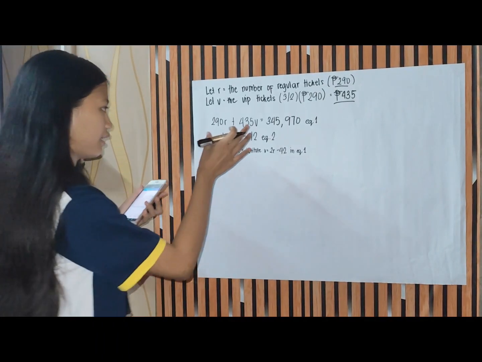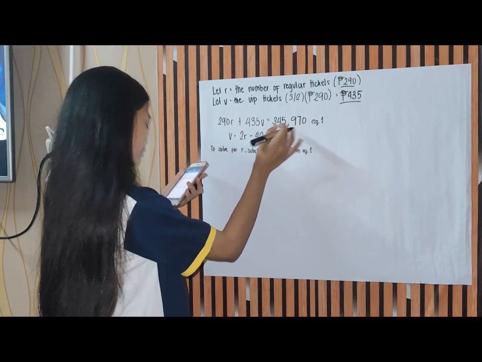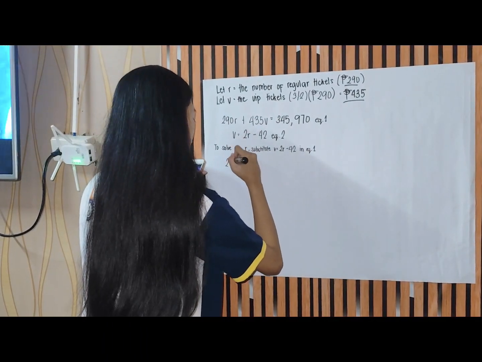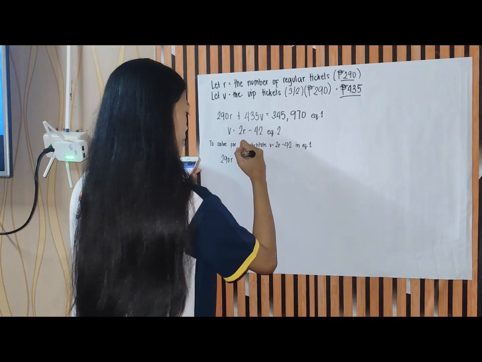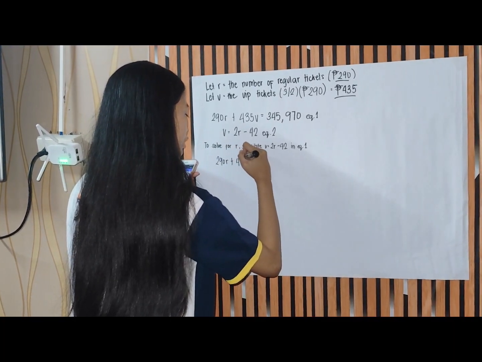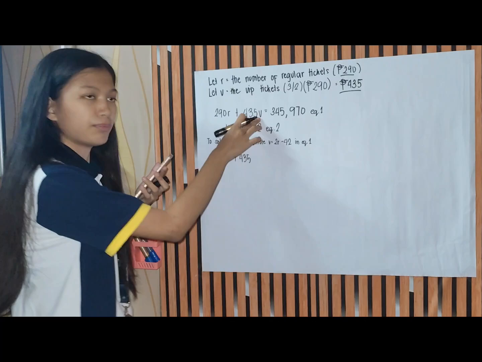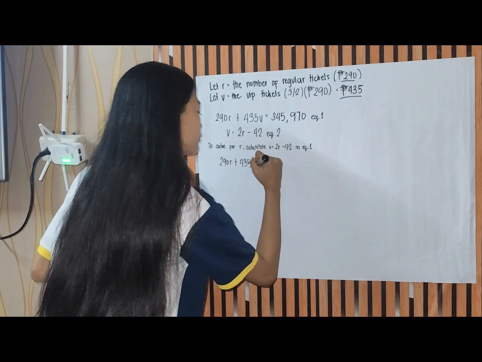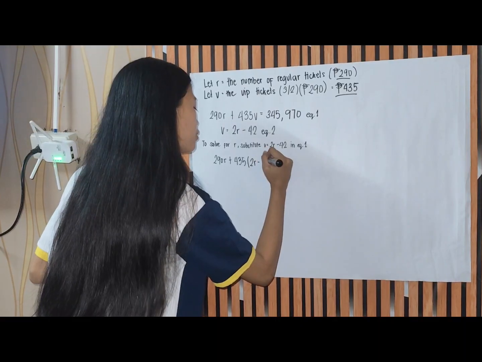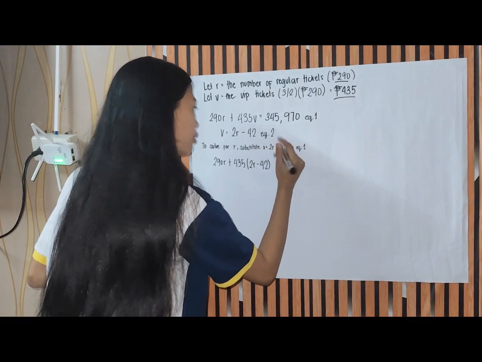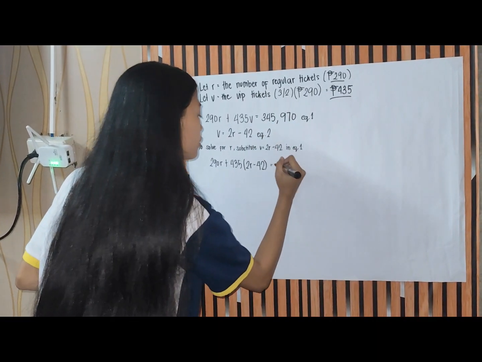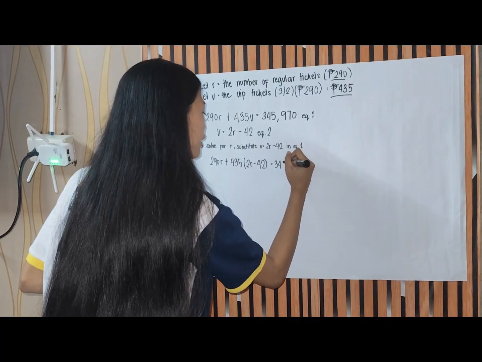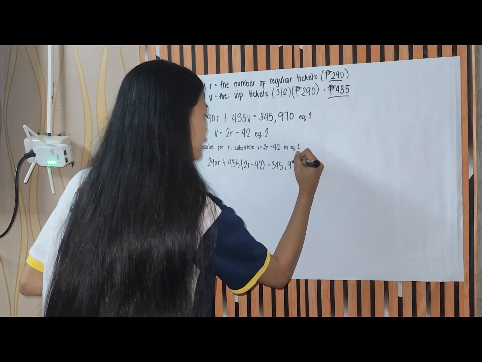So let's copy equation 1: 290R plus 435 times the value of B, which is 2R minus 42, equal to 345,970.